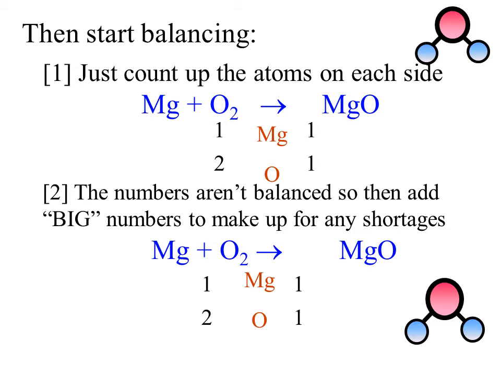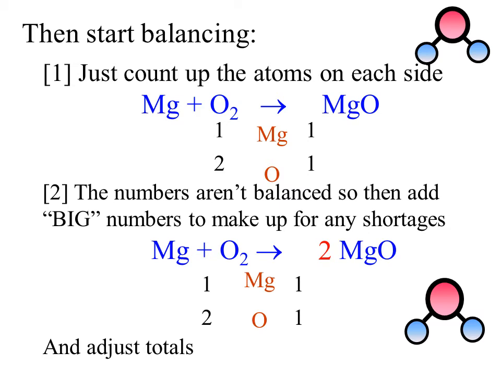So here's what we start with, and we want to say to ourselves, okay, right now we have 2 O's on the left and only 1 O on the right. So what times 1 equals 2? And of course you would say 2, right? So you're going to put a 2 in front of this whole thing, okay? And then you're going to need to adjust the totals accordingly.